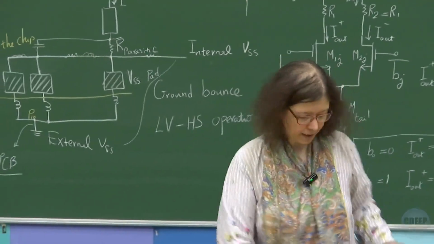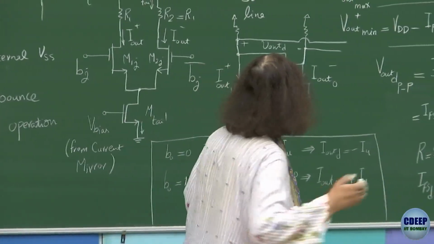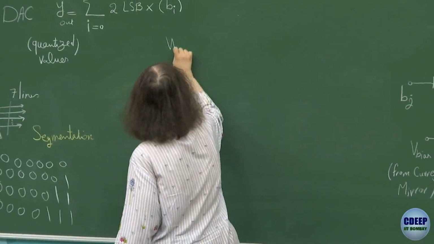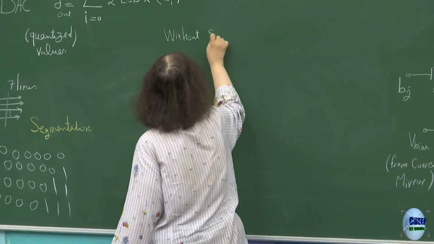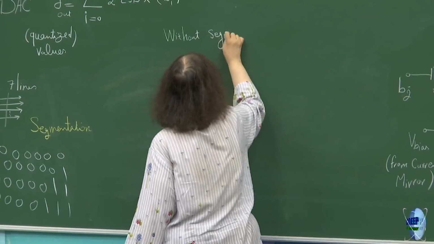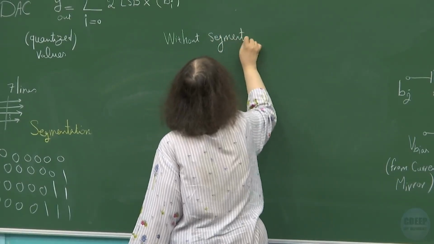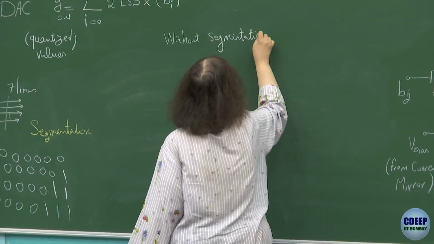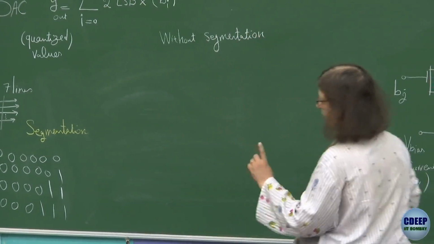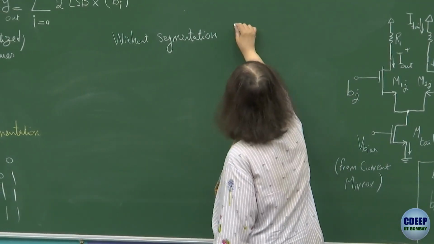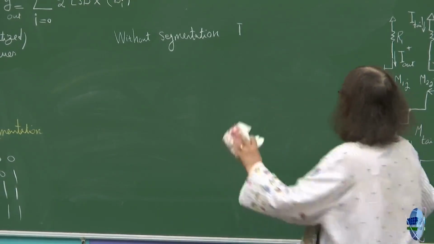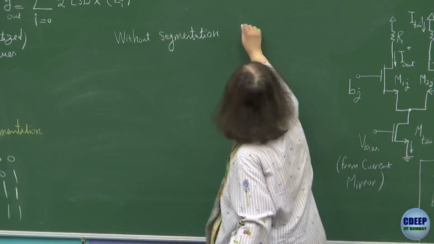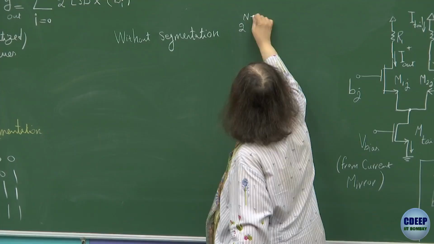So, to compare the two cases, first without segmentation, it will be, say, IU. I'll go from MSB to LSB: 2 to the power n minus 1 IU.